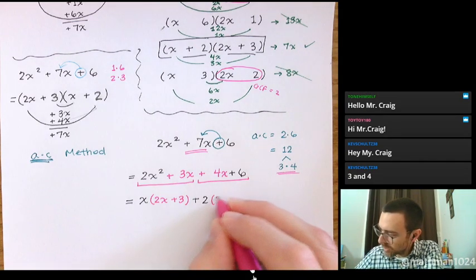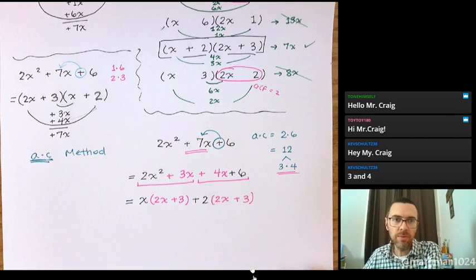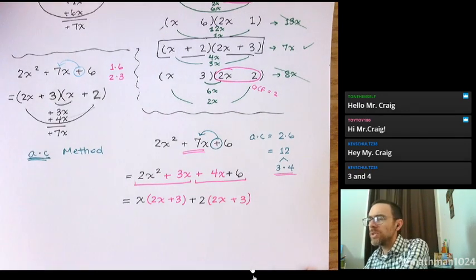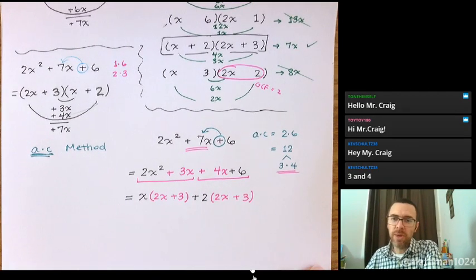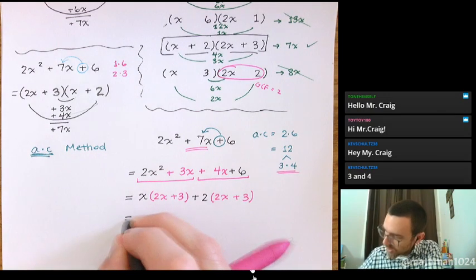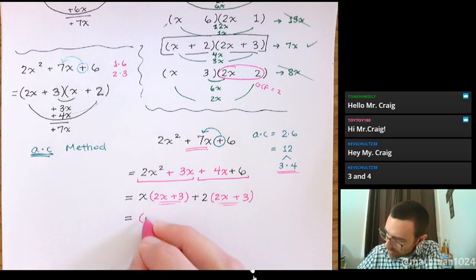When we factor that out, we again have 2x plus 3. And so this avoids some of the issues that we have with guessing and checking, because once you get to factoring by grouping, it just is that. And there's nothing else you really have to worry about. Then we finish this. The big common factor here is 2x plus 3.